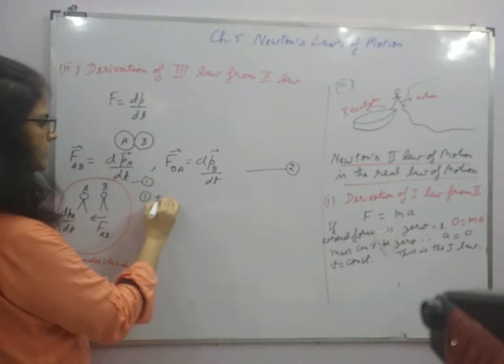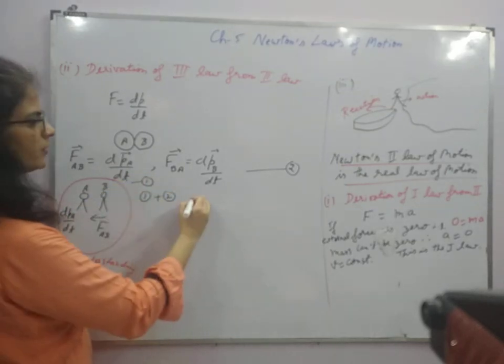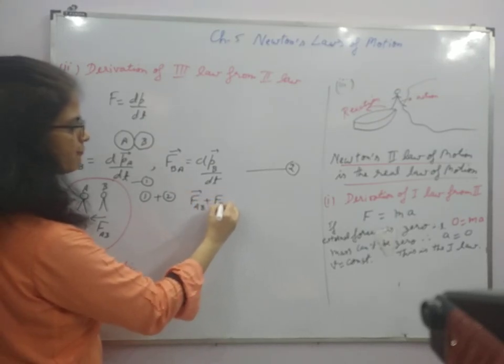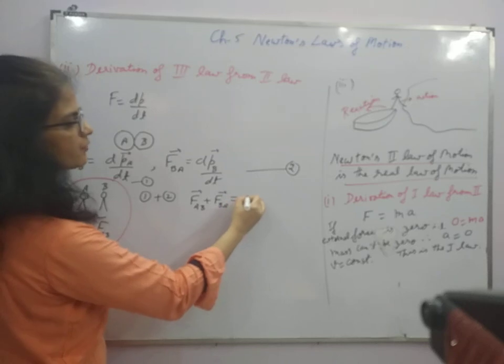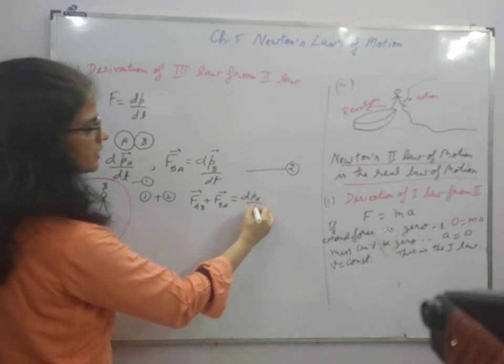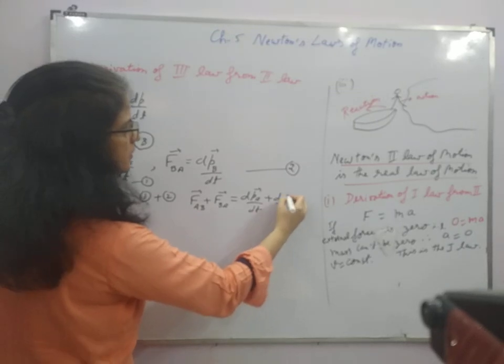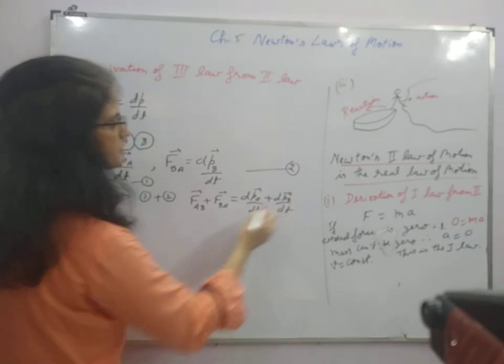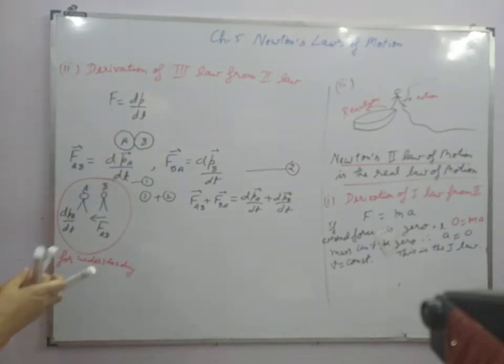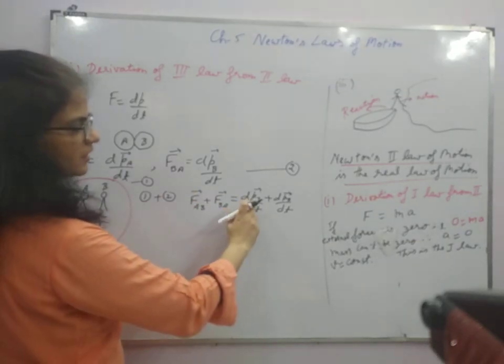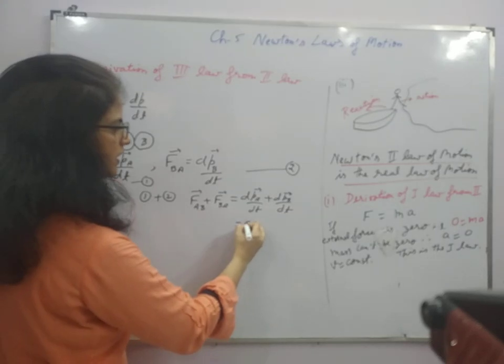So 1 plus 2, what will I get? FAB plus FBA is equal to dPA by dt plus dPB by dt, right? Differentiation is separately applicable on these, so I can club these.